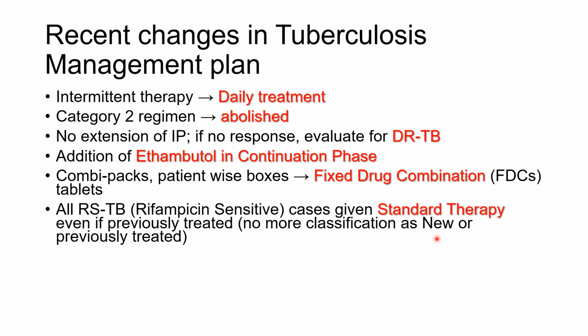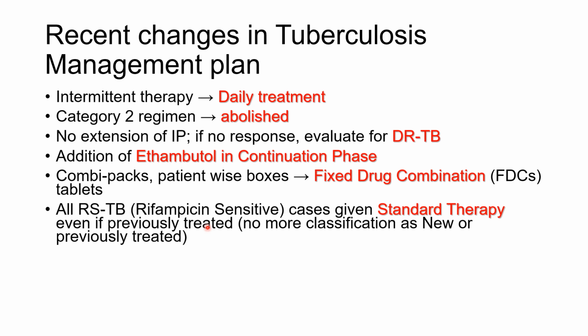No more classification as new or previously treated. Previously there used to be classification based upon whether a person has taken anti-tubercular therapy before or not. If a person has not taken anti-tubercular therapy, or taken it for less than 1 month in his lifetime, that used to be considered a new case. And if the person has taken more than 1 month of anti-tubercular therapy previously, that used to be considered a previously treated case.